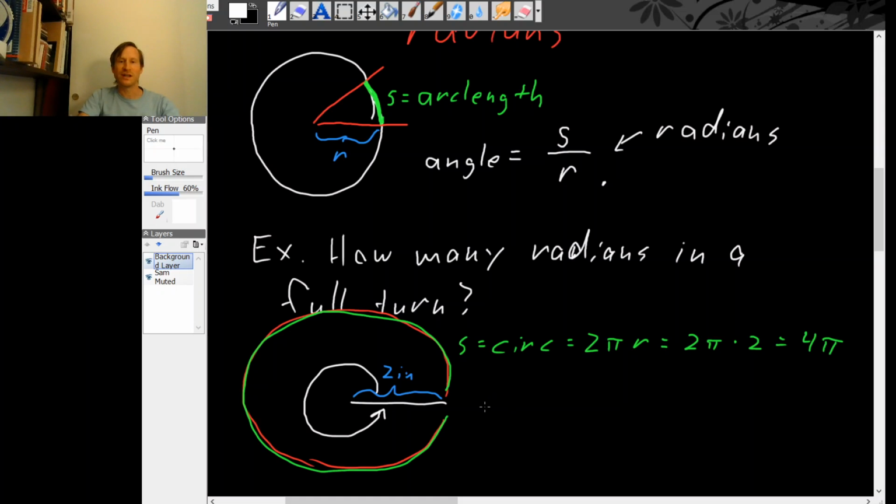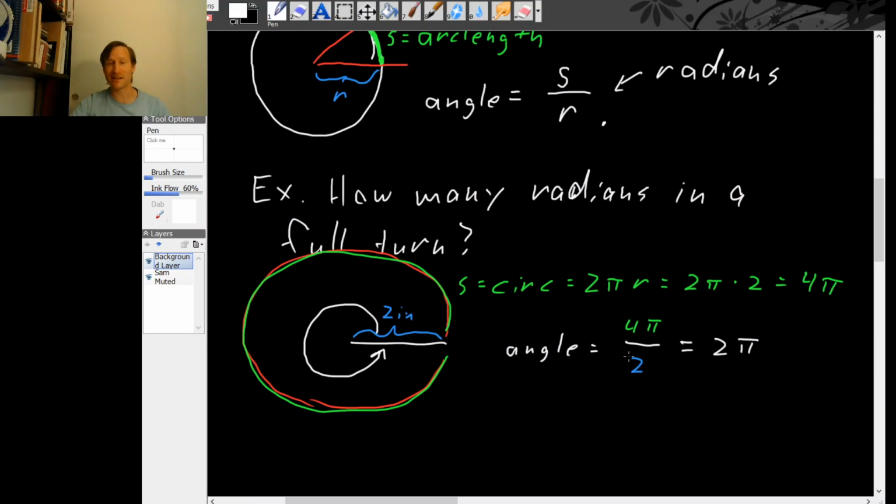Okay, so the size of this angle, or the measurement of this angle, is the arc length, s, which is 4 pi, divided by the radius of the circle, which is 2. And this gives us 2 pi. All right. So a full turn in radians is 2 pi radians.